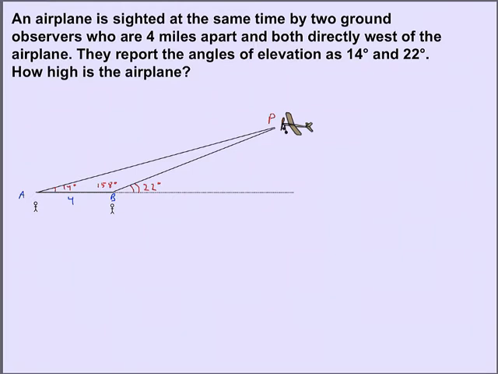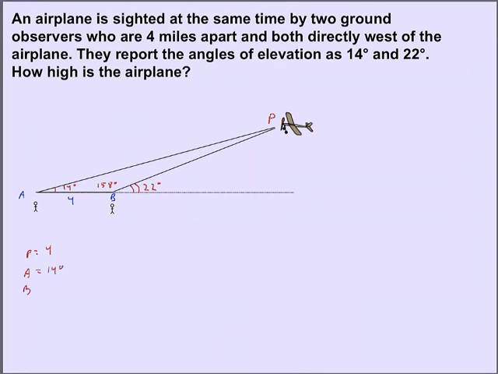Now, notice how we haven't marked off what the question is asking for yet. It said, how high is the airplane? I could find this length right here. Remember, we can use law of sines because we have an angle-side pair. And you might be thinking, wait a minute, no we don't. We see side P is 4. Angle A is 14 degrees.